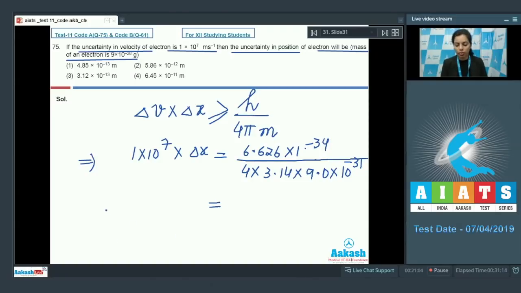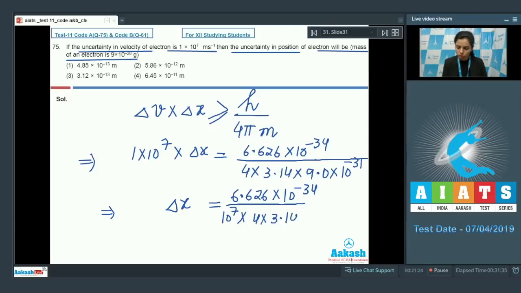On solving, you will get the value of delta X. Let's write it: 6.626 into 10 raised to the power minus 34 divided by 10 raised to the power 7. This value comes here. Now 4 into 3.14 into 9 into 10 raised to the power minus 31.